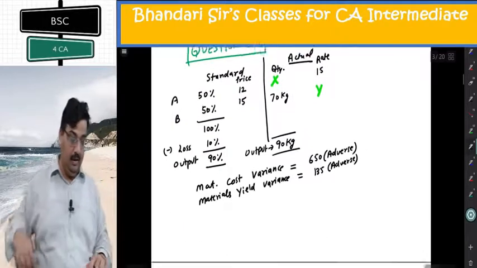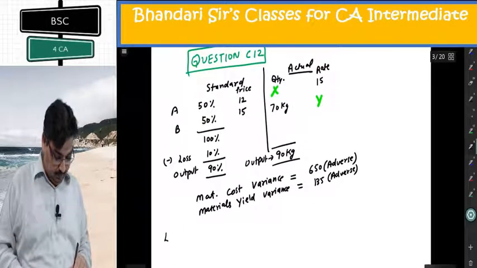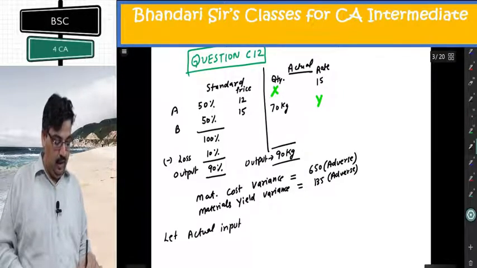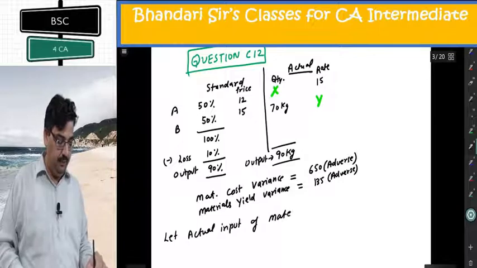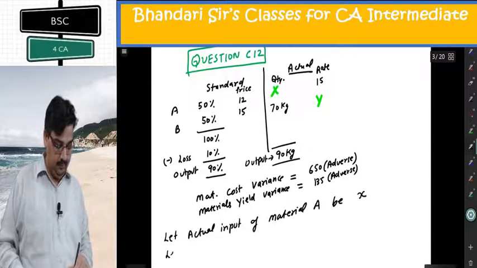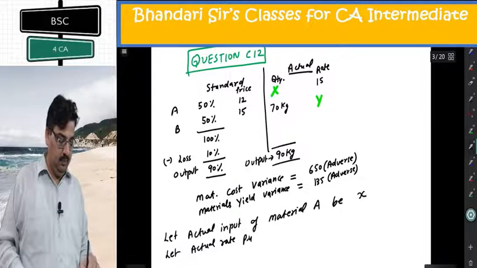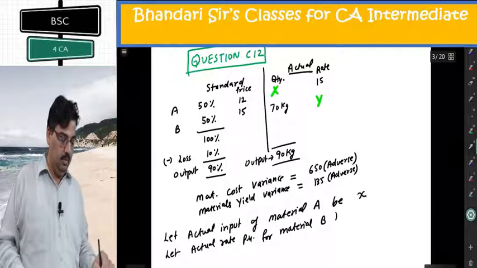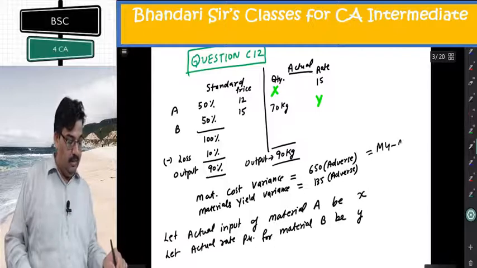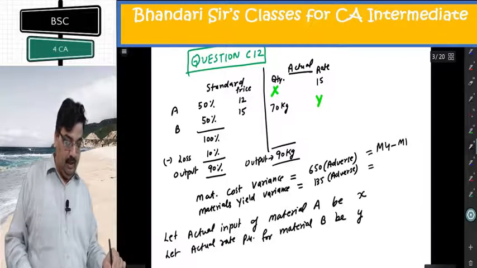I have already written let there, but I will write it again. Let actual input of material A be X. Let actual rate per unit for material B be Y. Now cost variance is M4 minus M1, yield variance M4 minus M3.